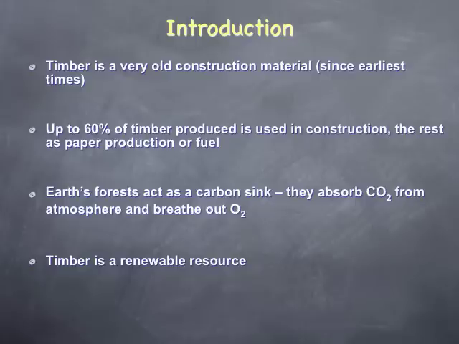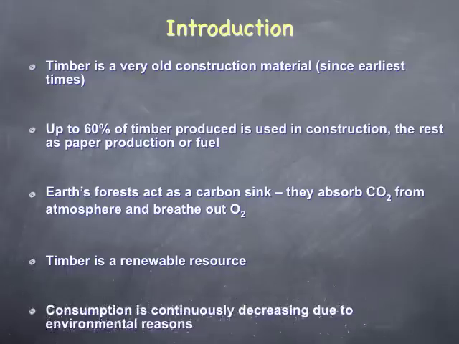It's actually another way of reducing carbon in the atmosphere. It's also a renewable resource, meaning that trees, we can chop it down and it will grow. However, because it doesn't grow at a very quick rate, its consumption is continuously decreasing due to environmental reasons.